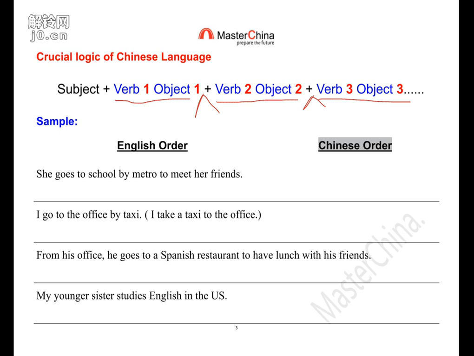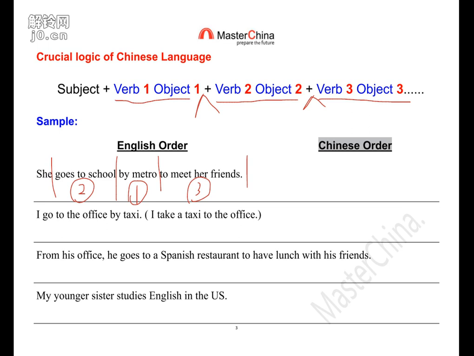So she goes to school by metro and meets friends. So you think which one is first? You need to take the metro first. Then you can go to school. Finally, you meet your friend. So Chinese order, it should be 1, 2, 3, but English is 2, 1, 3.